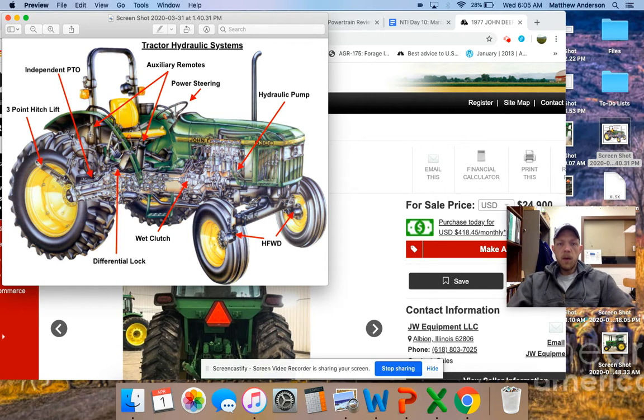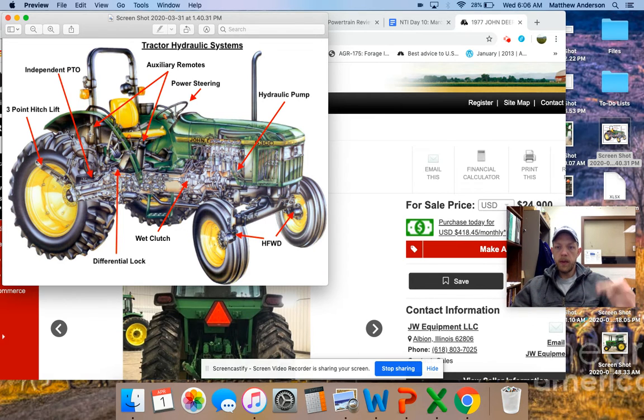Differential lock. We probably should talk about this as we leave powertrains and move into hydraulics. Most of the time, tractors have what we call an open differential, which means that just one wheel will rotate with power and cause the tractor to move forward. Now, sometimes that one wheel gets spinning because it's stuck in mud, the load we're trying to pull is too heavy, or the tractor's getting bogged down, so we must engage a locking differential.